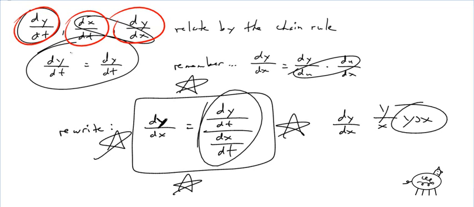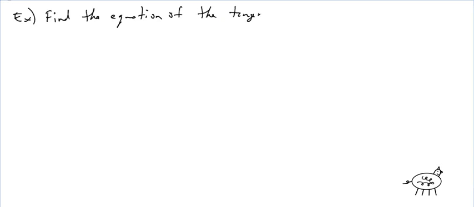All right, let's start off with an example. Find the equation of the tangent line to the curve at the given value of t.